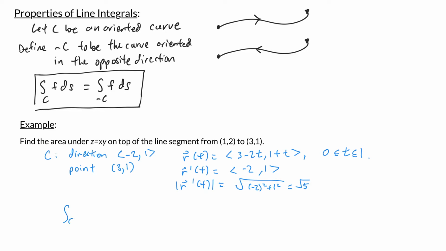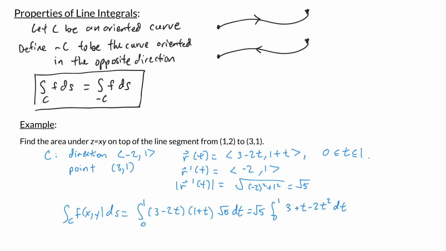So this time our line integral will look like the integral of x times y, so that's (3 minus 2t) times y, that's (1 plus t), times the magnitude of r prime, that's the square root of 5, dt integrated from 0 to 1. Pulling out the square root of 5 and multiplying out the integral, we have 3 plus t minus 2t squared dt.